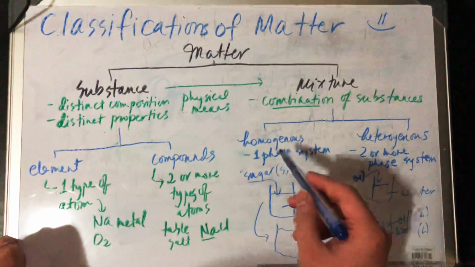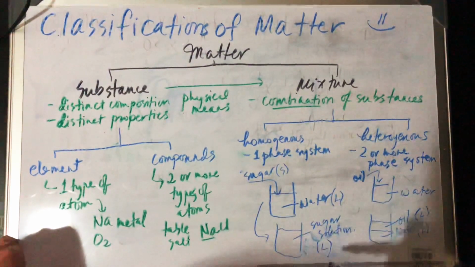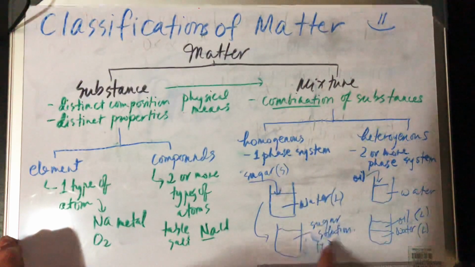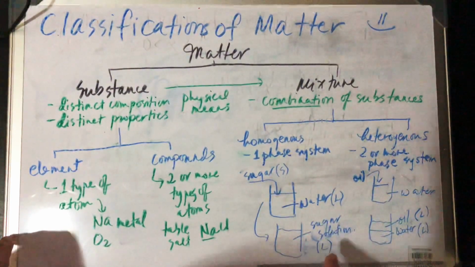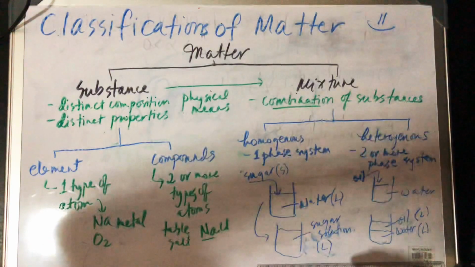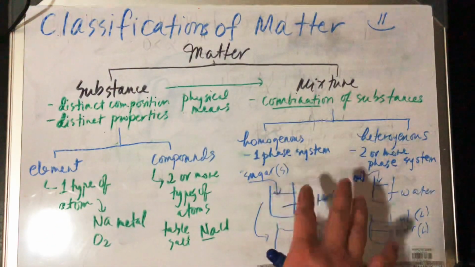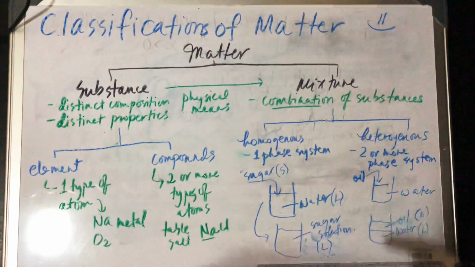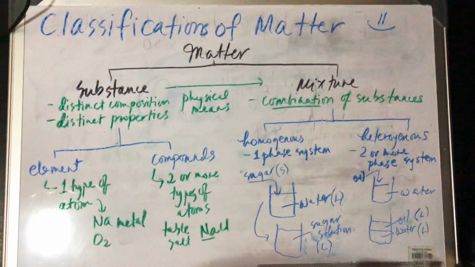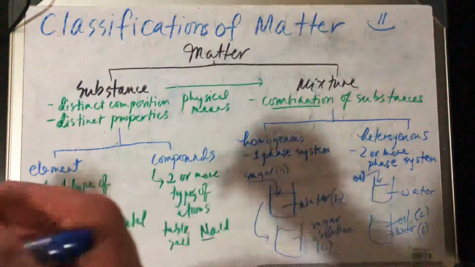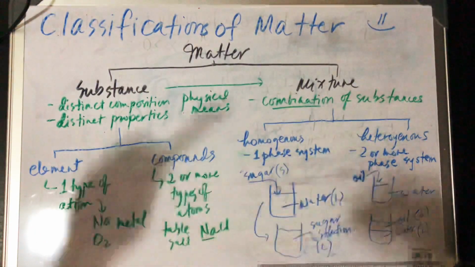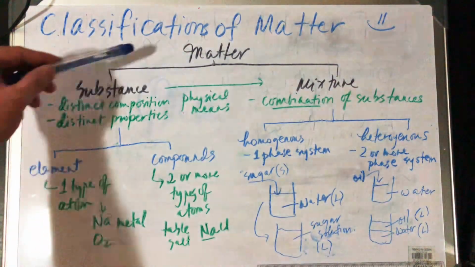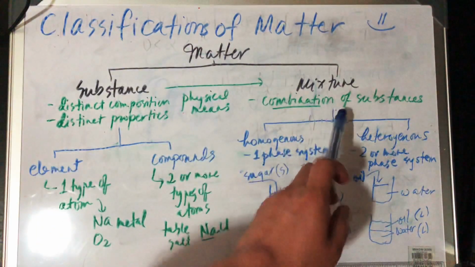Unlike the homogeneous mixture, where we cannot see the solid anymore and have only a liquid system. The discussion between homogeneous and heterogeneous will also be provided in our next videos. But so far, these are the classifications of matter. Matter is classified as substance and mixture.